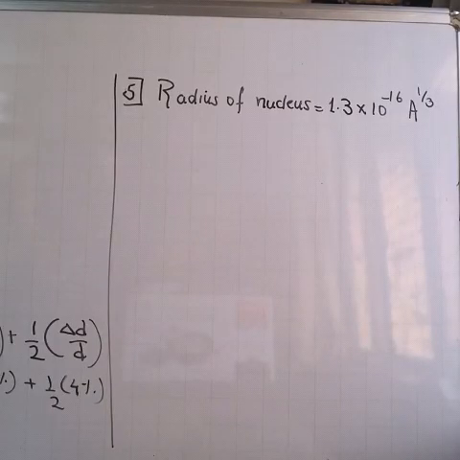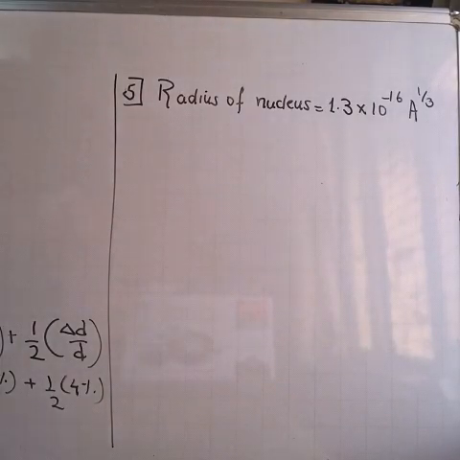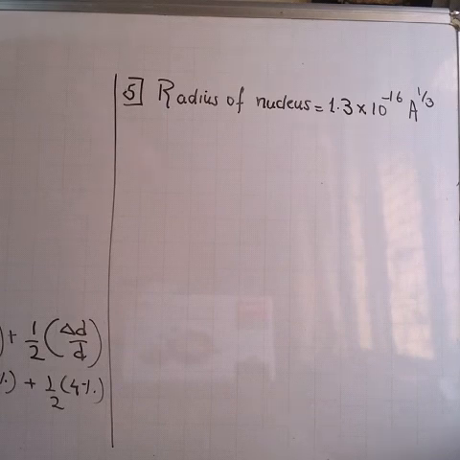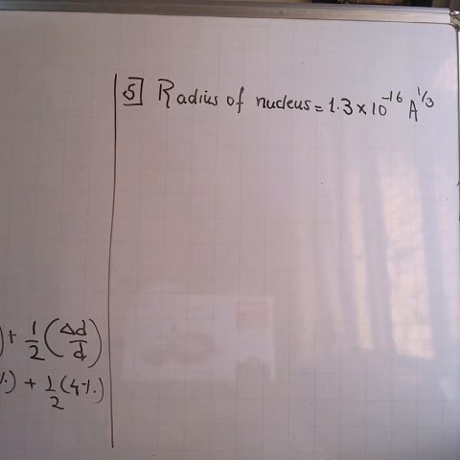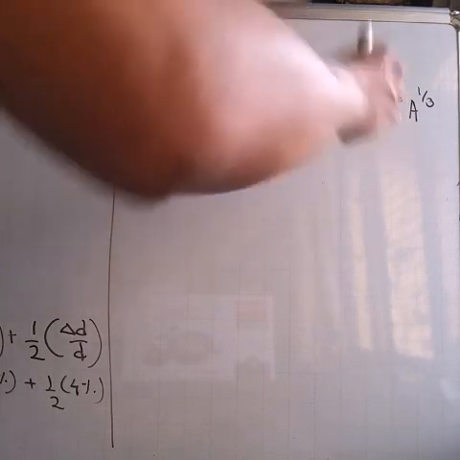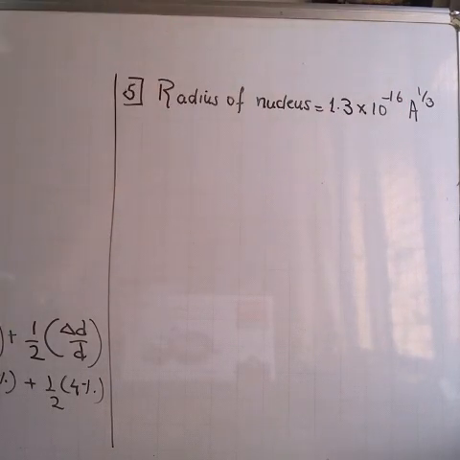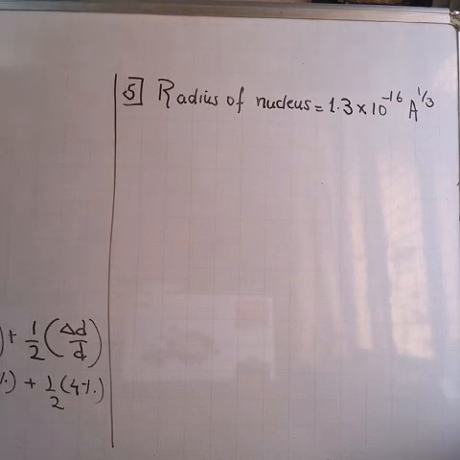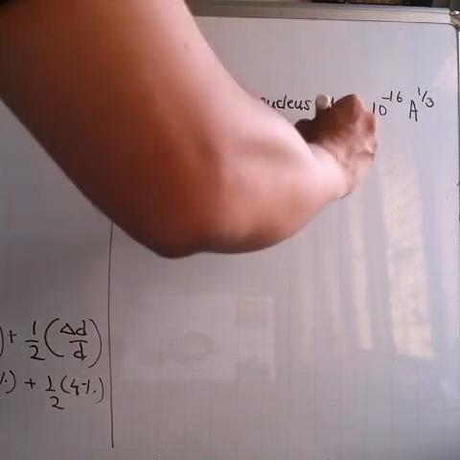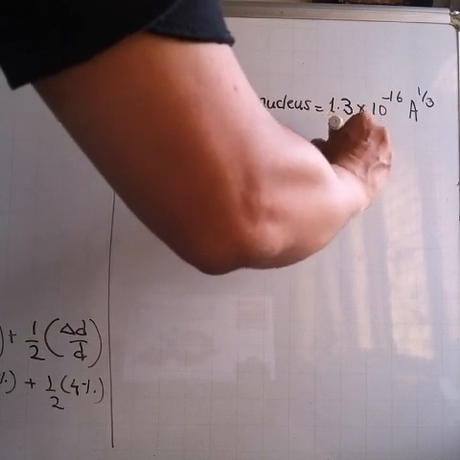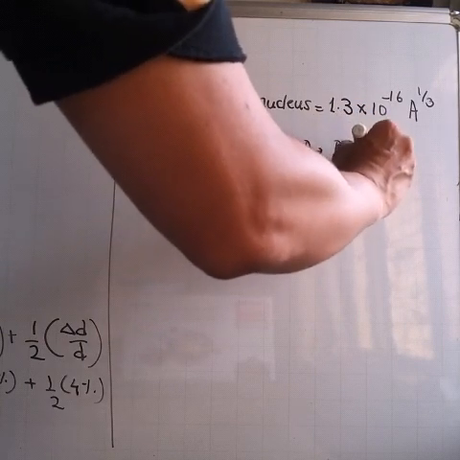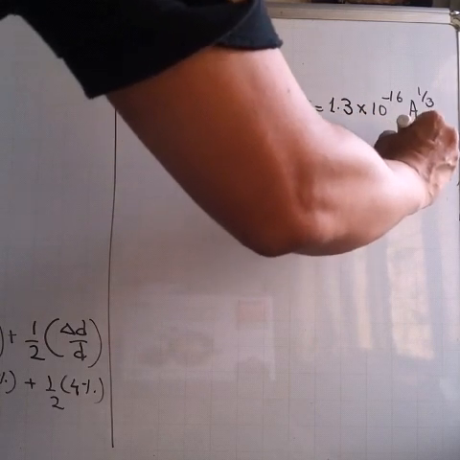Okay. We are now solving the 5th numerical. The general formula for radius of a nucleus is 1.3 into 10 raised to minus 16 a raised to 1 by 3. A stands for atomic mass number, or simply atomic mass.